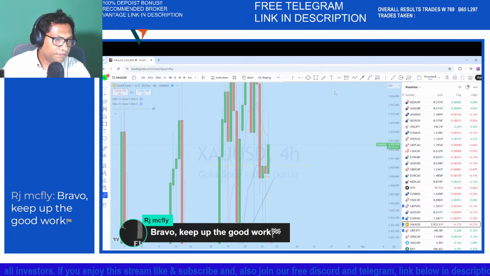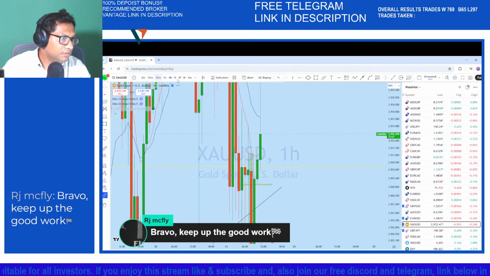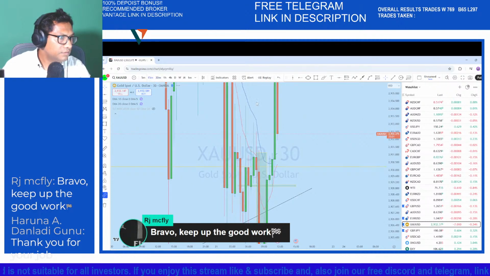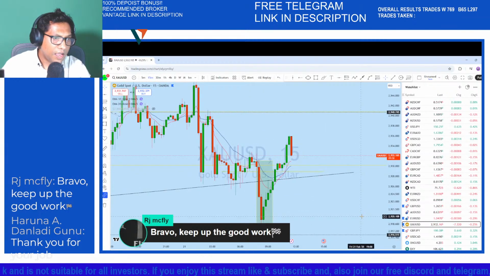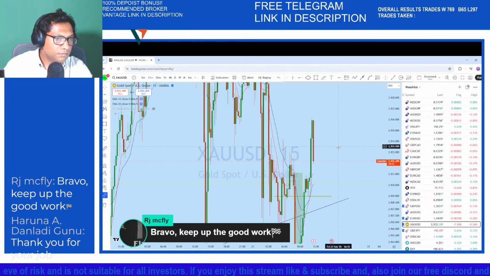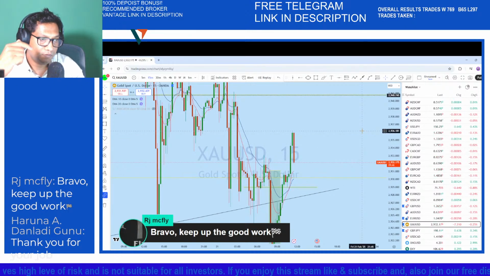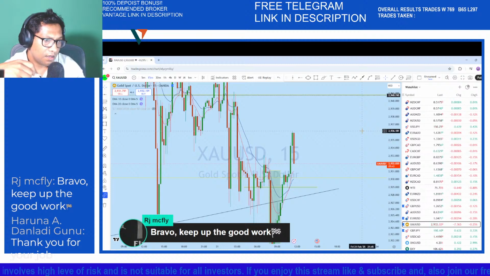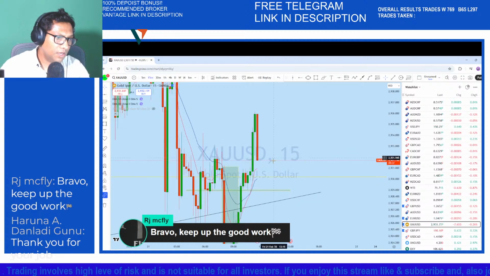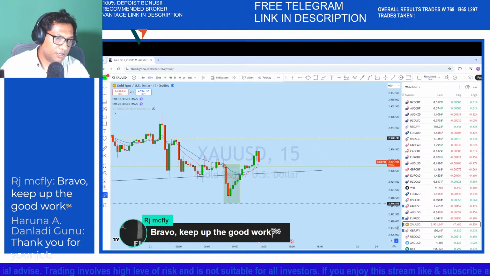In that bull market, if we look at the 30 minutes and 15 minutes, the market is coming down to that support level. Let it drop first, waiting to see the market break below.